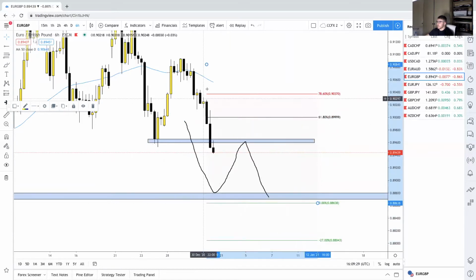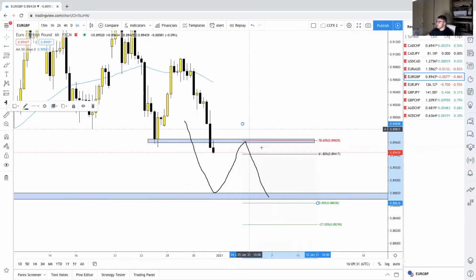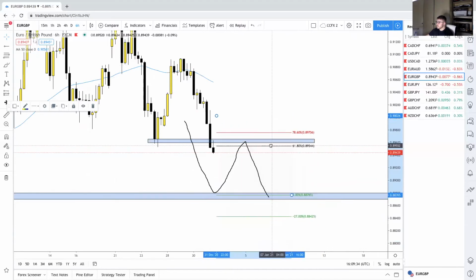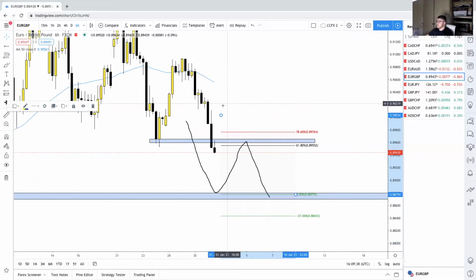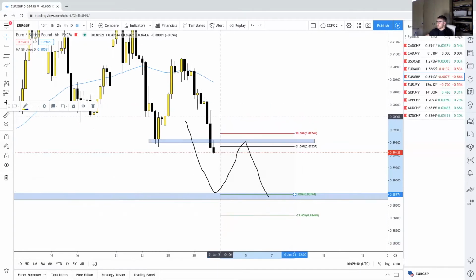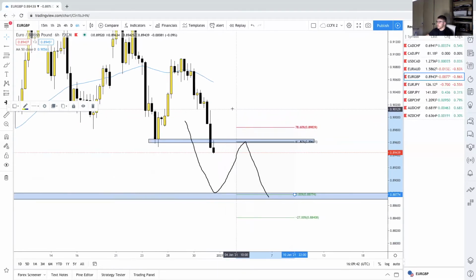So we want to keep that as something like that. So I'd like maybe a pullback up into here, then down.